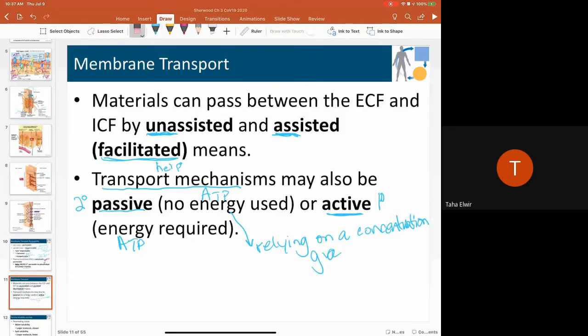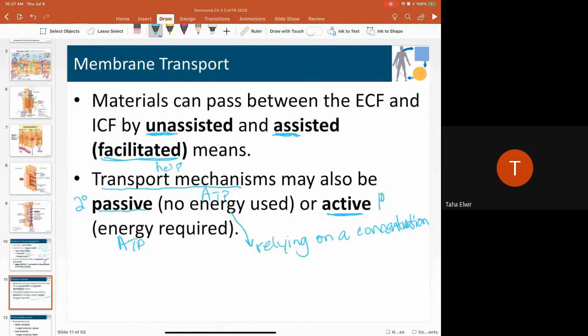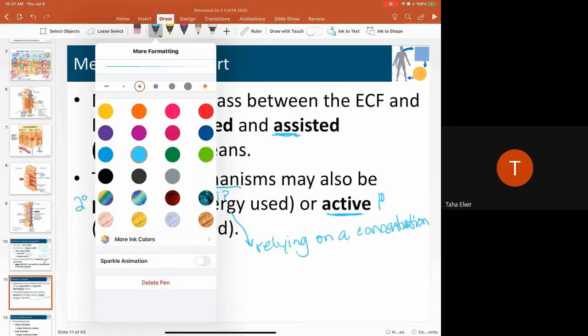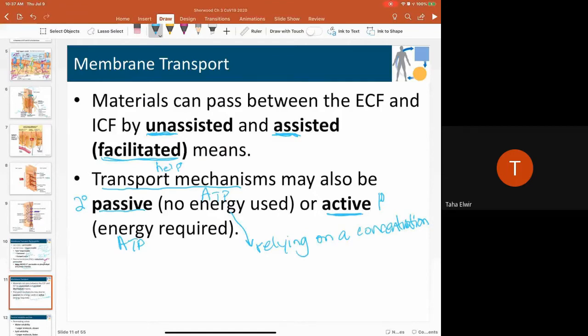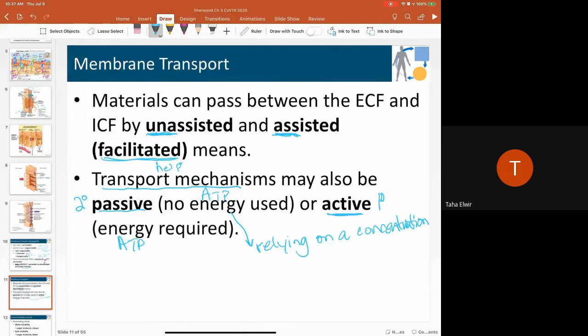Whoops. Why isn't it writing? Switch back to that.